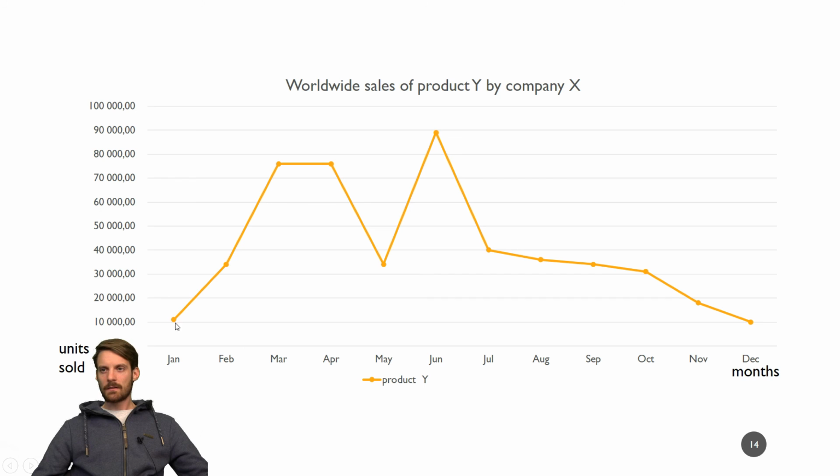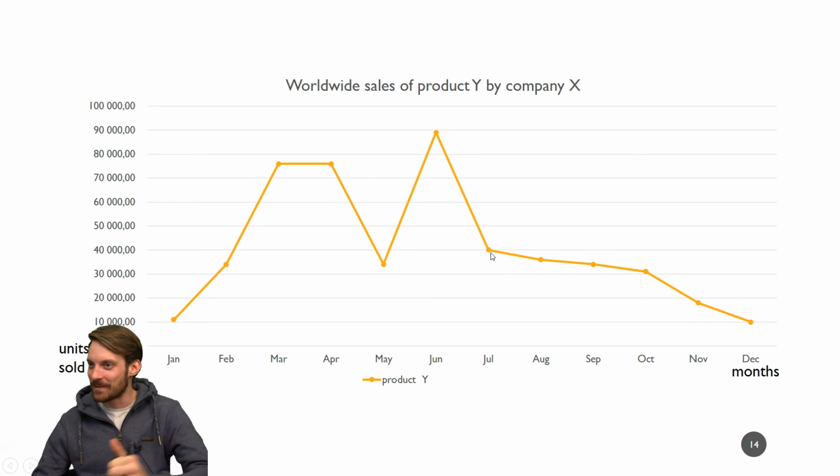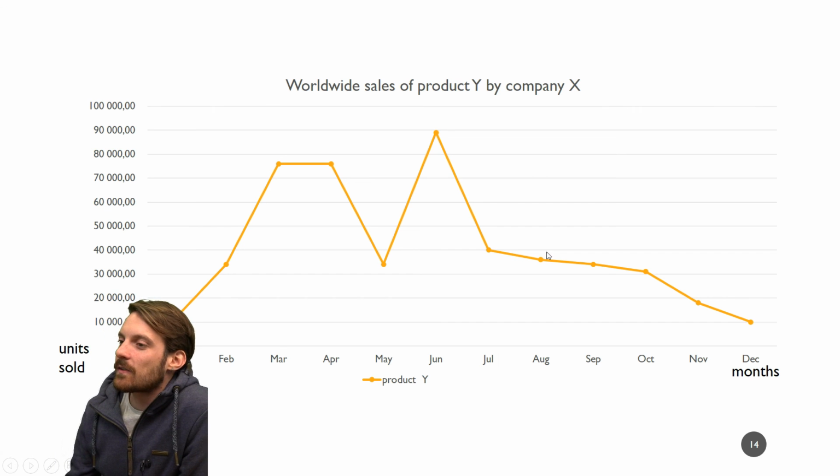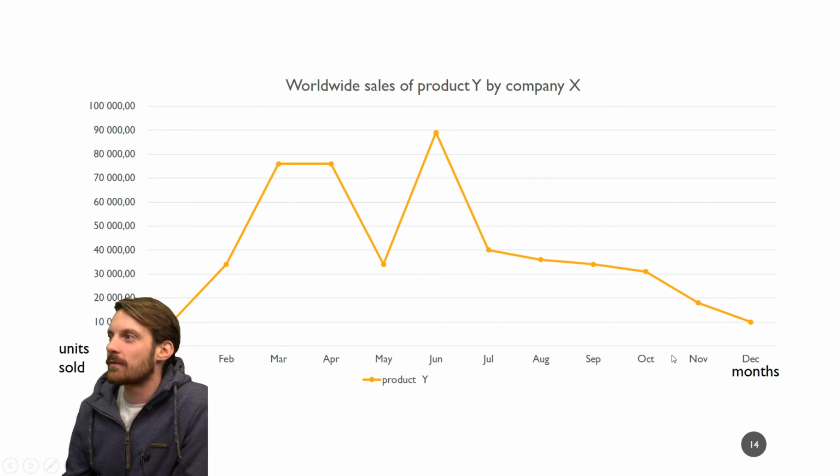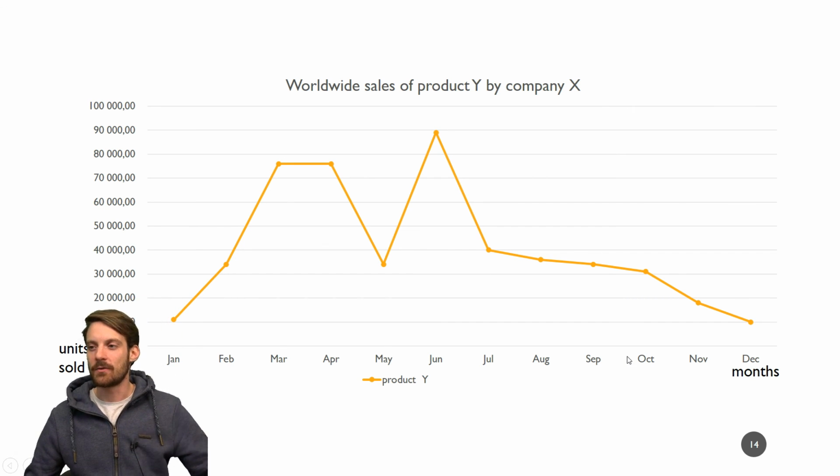And of course, it starts somewhere, it increases, then it skyrockets, then it fluctuates, then it plummets, and then it skyrockets again, and again it plummets, and then it slowly decreases. Just a hint how you can do it.